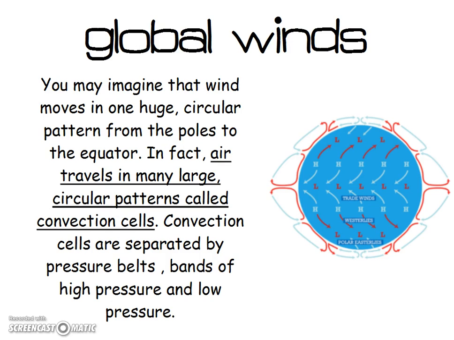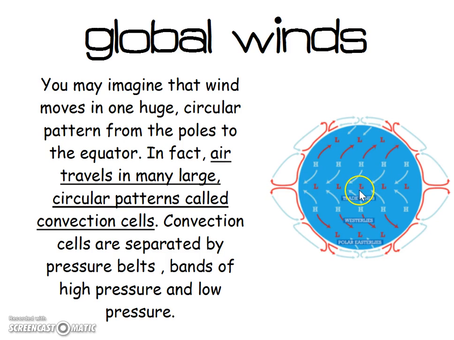Alright, so the global winds. You may imagine that wind moves in one huge circular pattern from the poles to the equator. But, in fact, air travels in many large circular patterns called convection cells. You'll see the convection cells in the diagram. These convection cells are separated by pressure belts, which are bands of high pressure and low pressure.